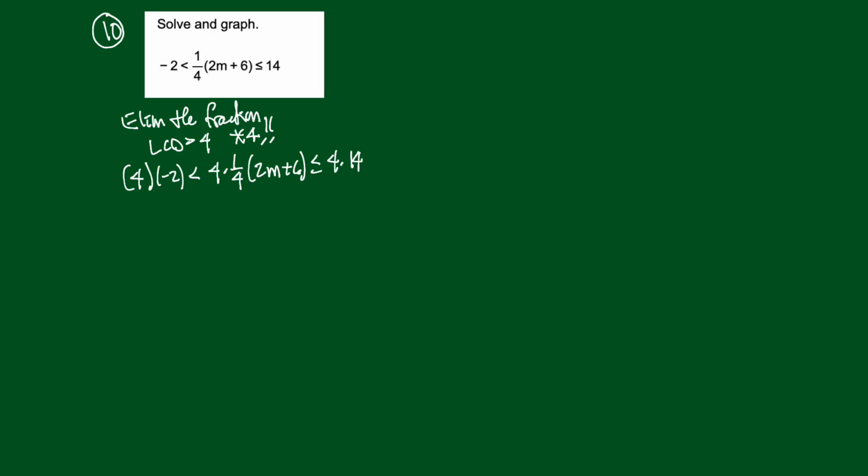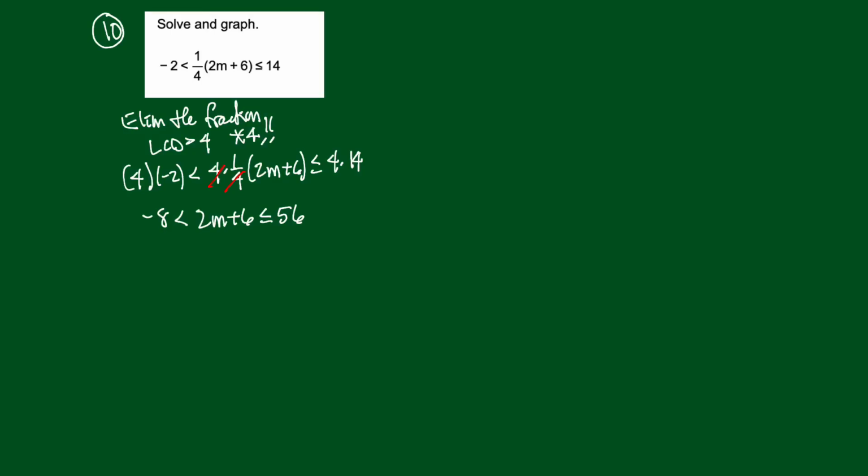All I did is take that LCD and put it here, here, and here. On the left side, 4 times negative 2 is negative 8. This is strictly less than. These 4's cancel, that's why we did it, and you're left with 2m plus 6, less than or equal to, now 4 times 14 is 56.